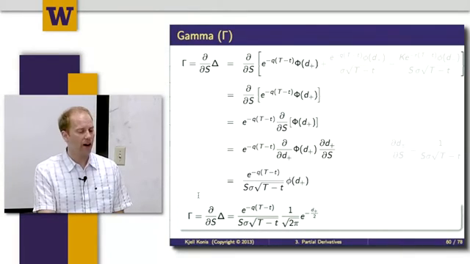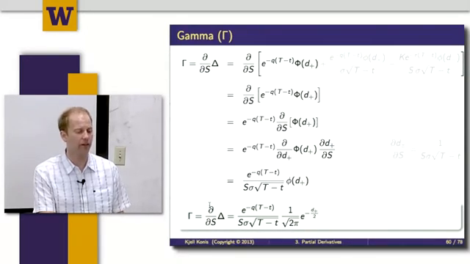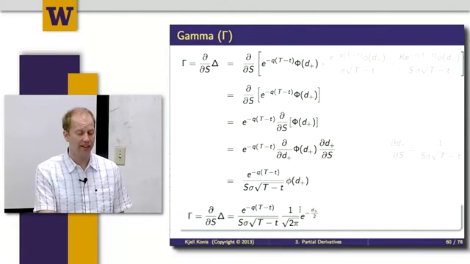And so we now have an expression for gamma, which is the partial derivative with respect to s of delta with respect to s. And this is exactly the same as the line above it. I've just replaced phi of d plus with the actual definition of phi of d plus. So it's 1 over the square root of 2 pi e to the minus d plus squared over 2.